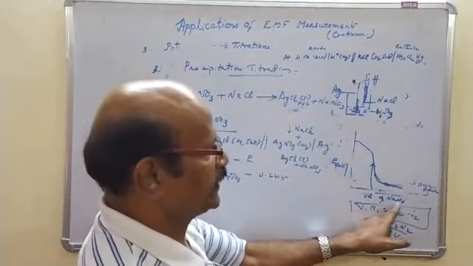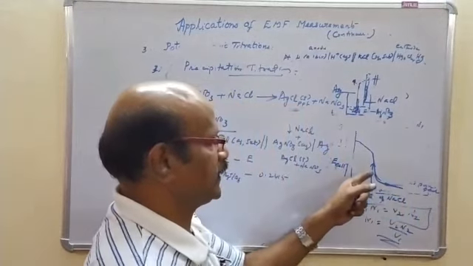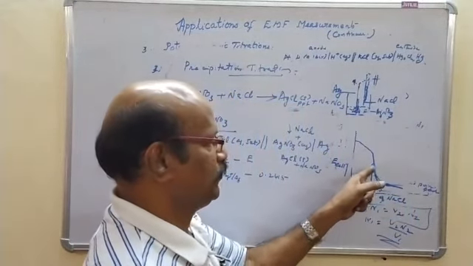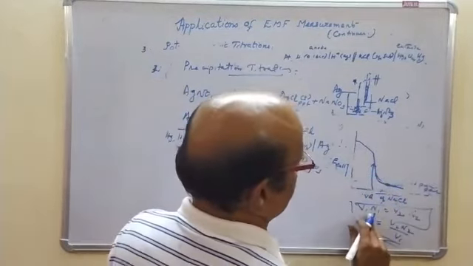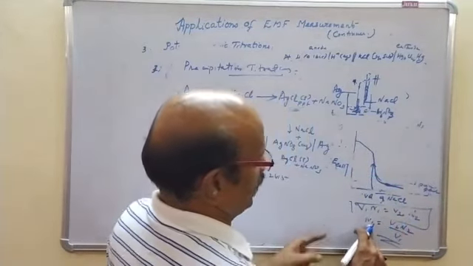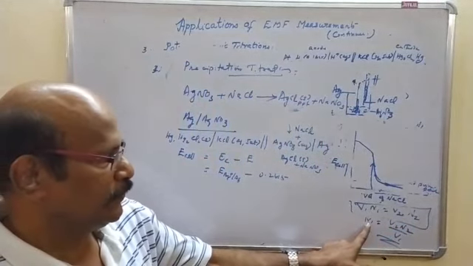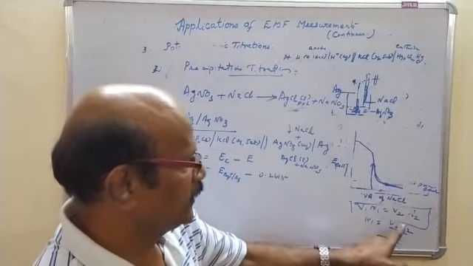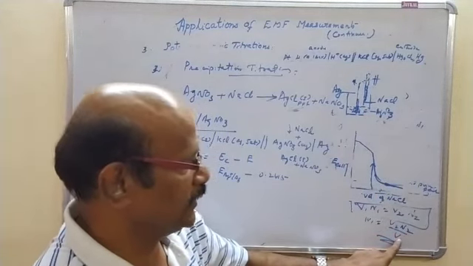E cell is plotted against the volume of NaCl, and the point of inflection gives the end point. From this we can write the equation N1V1 equals N2V2, so we can find the strength of silver nitrate, knowing the volume and normality of NaCl and the volume of AgNO3.